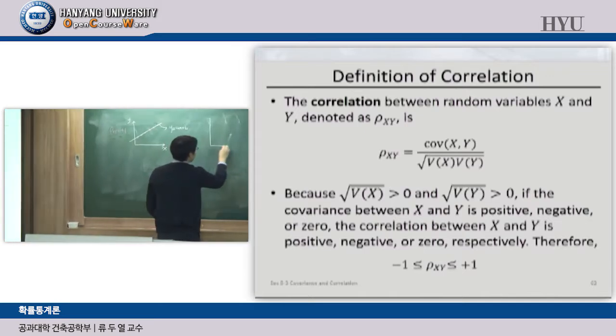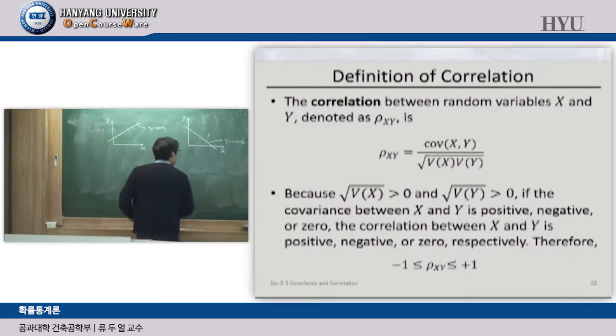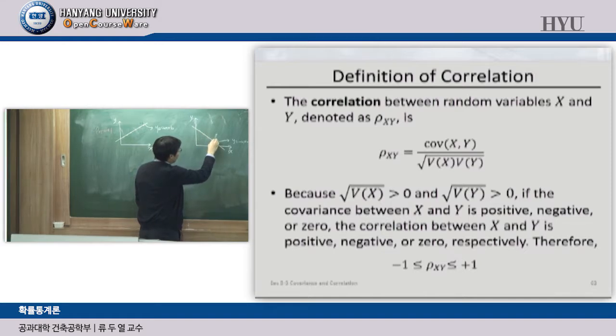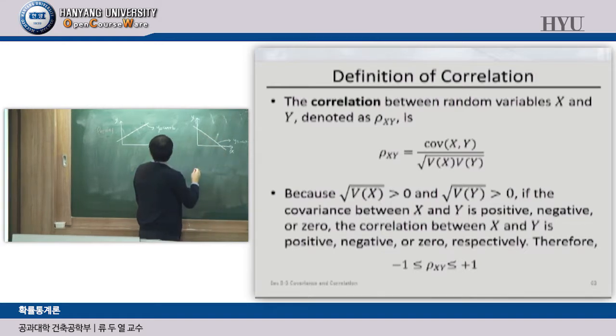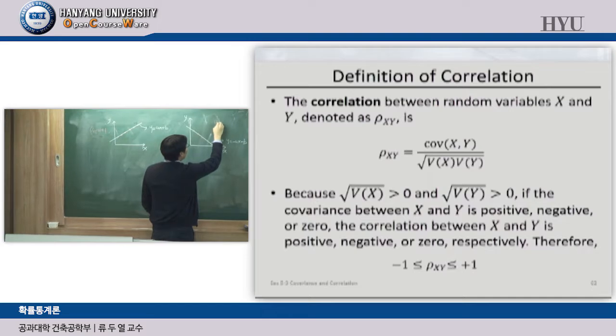And when there is a x and y, and we have this kind of negative relationship, that is y is equal to -ax plus b, and if the two random variables are placed exactly on this straight line, in this case, the rho xy is equal to -1.